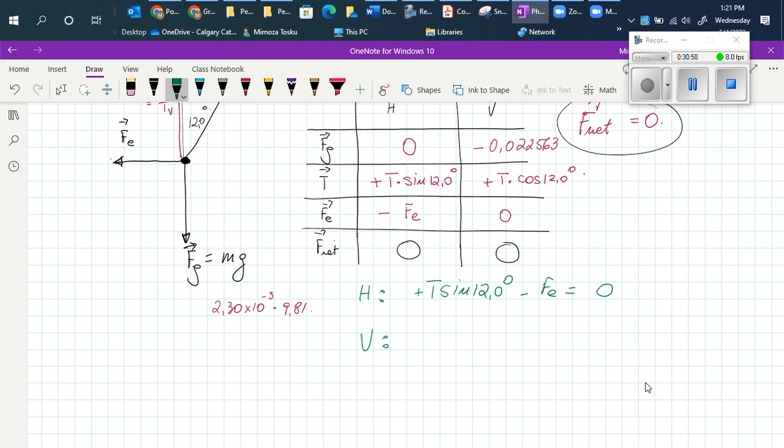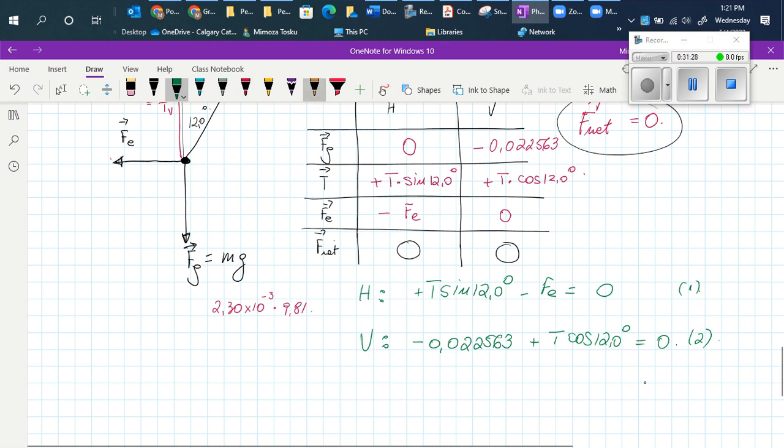And from the vertical components, you have negative 0.022563 plus T cosine 12 degrees is equal to 0. So you now have what is known in math as a system with two equations, equation 1 coming from horizontal and equation 2 coming from vertical, and two variables. The variables are T and Fe.